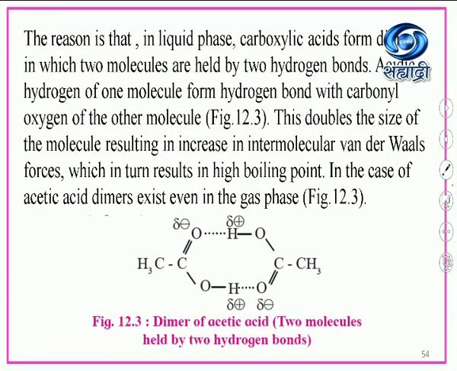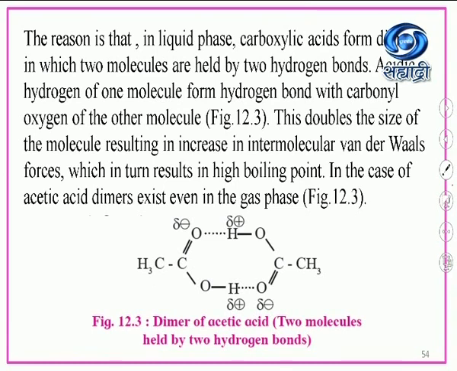Last time we were looking at the dimer of acetic acid, that is two molecules of acetic acid held by two hydrogen bonds. In this figure you will observe CH3C=O OH, two molecules of acetic acid.